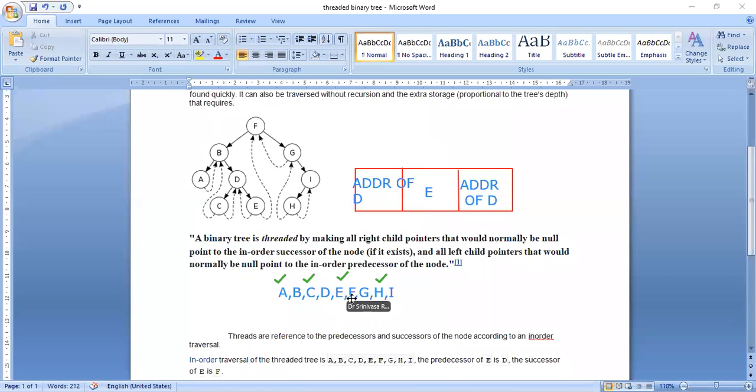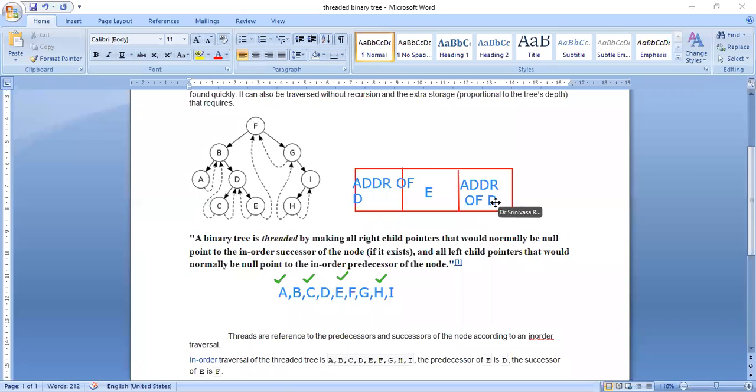After E, in the right address pointer, what will I write? The address of the successor of node E. Looking at the in-order traversal, after E, F is the successor.